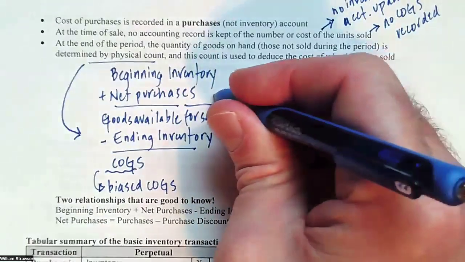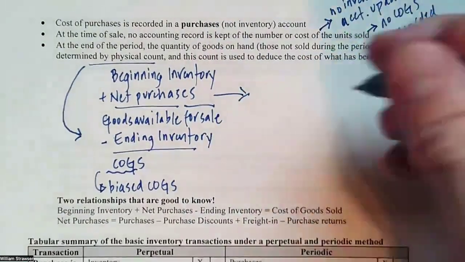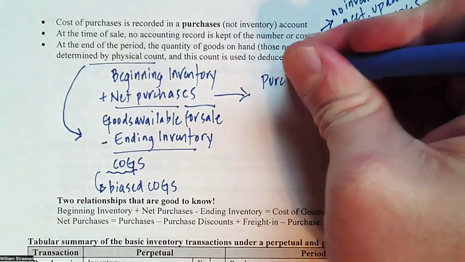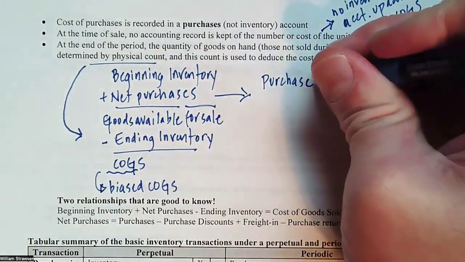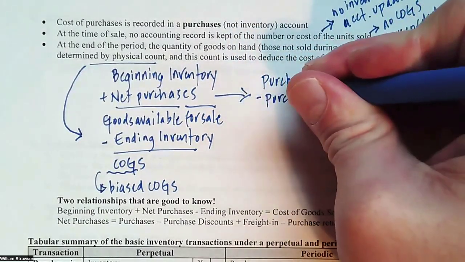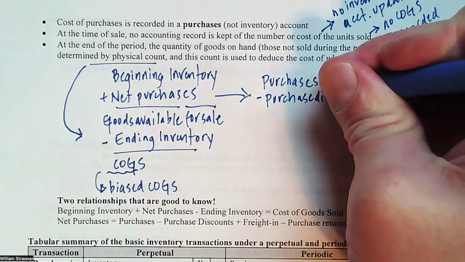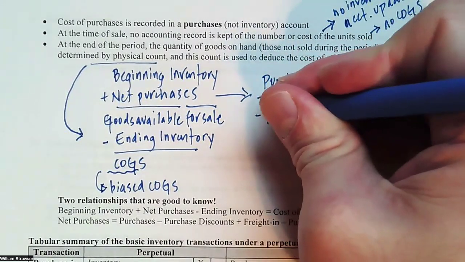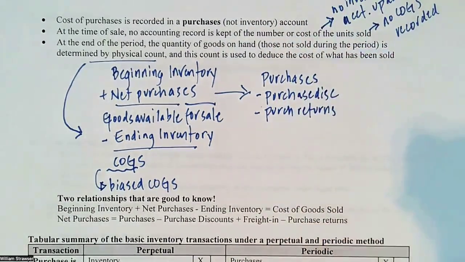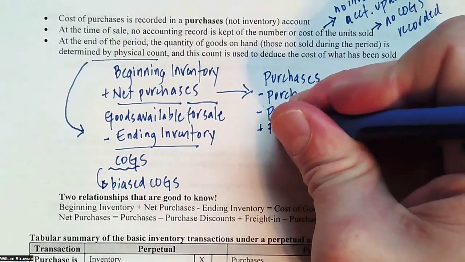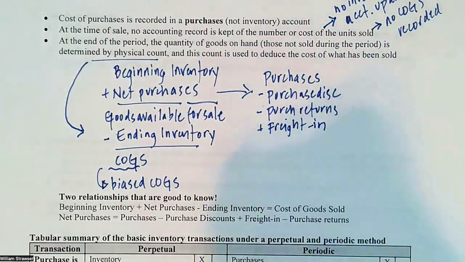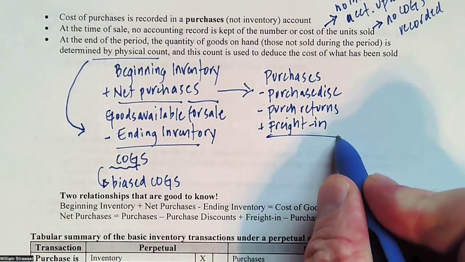The net purchases is a combination of all of those four accounts that I described on the prior page. It's all the purchases you made at their full price, less any purchase discounts that you received, and also less any purchase returns, because you wouldn't hold those anymore in your inventory. And then you add freight, because the idea is we want to record any costs to obtain the inventory and get it into a saleable condition.